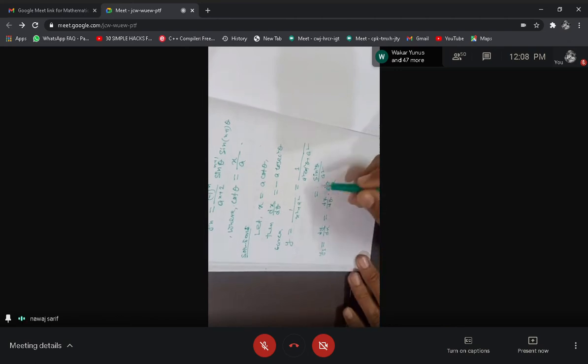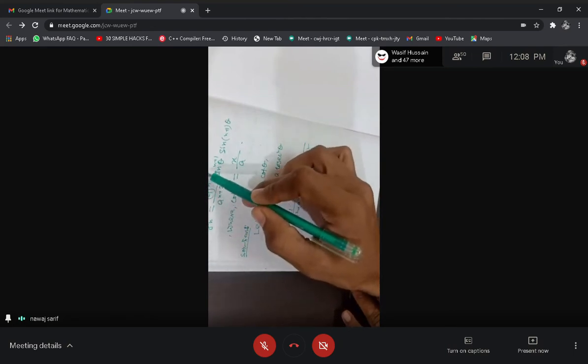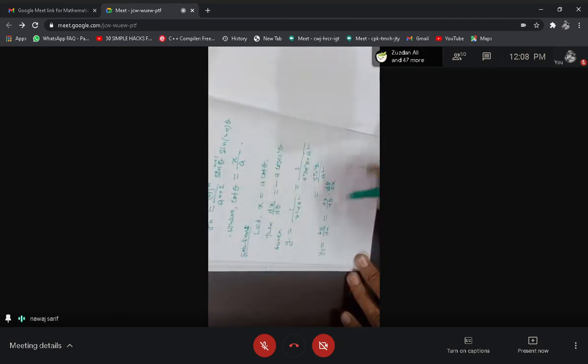Because y is a function of x, we have to find the derivative of y with respect to x. So here dy d theta is needed, and this function has to be differentiated with respect to theta.